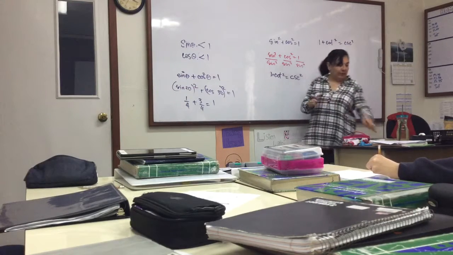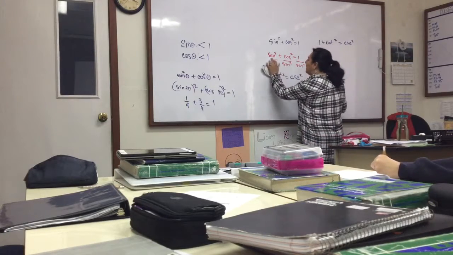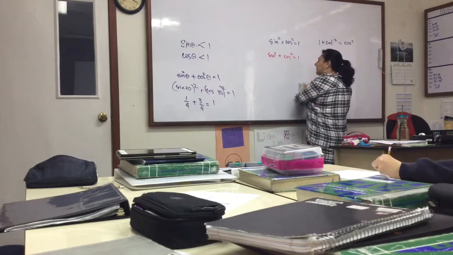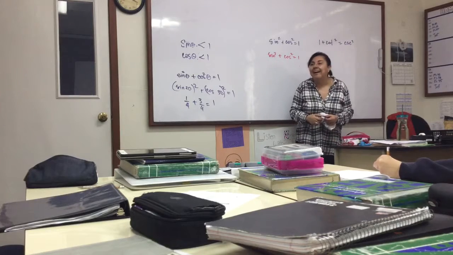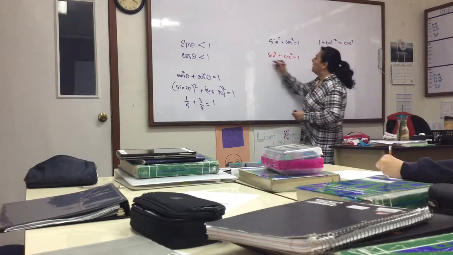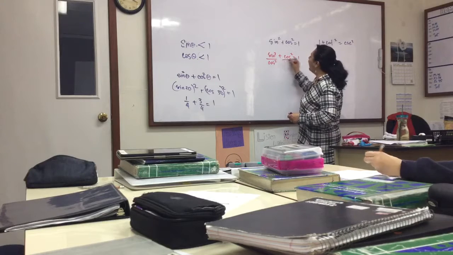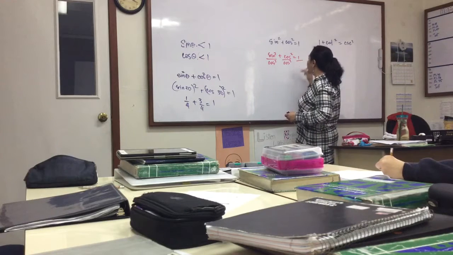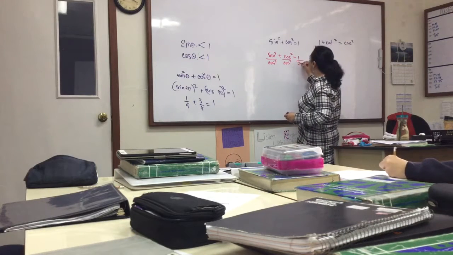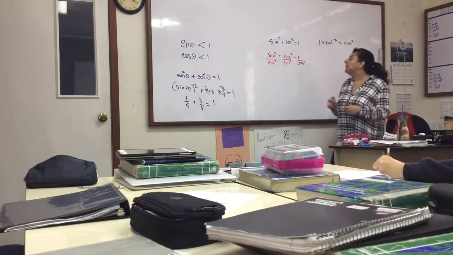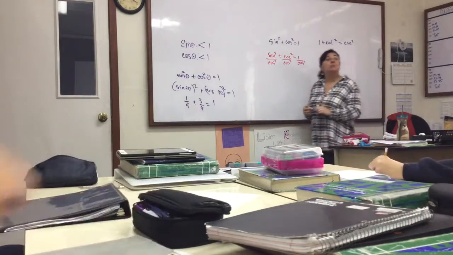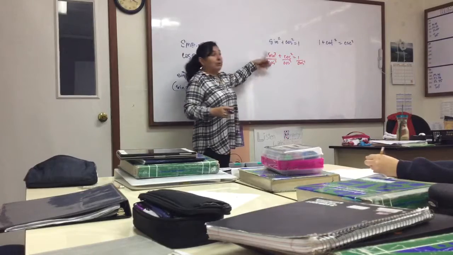Now, if I can divide it by sine squared, then I can also divide it by cosine squared. Very good. So let's do that. Why? Because I can. Because that's the same as multiplying times 1, and I can always multiply anything times 1. So what do I get as a result? Sine over cosine.